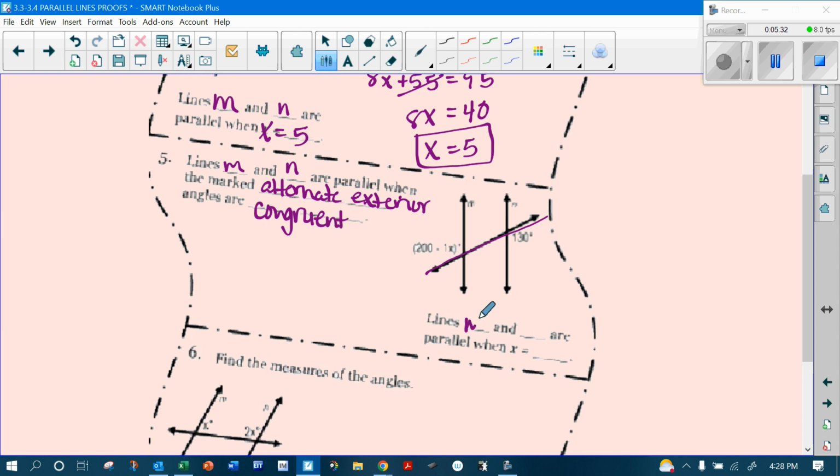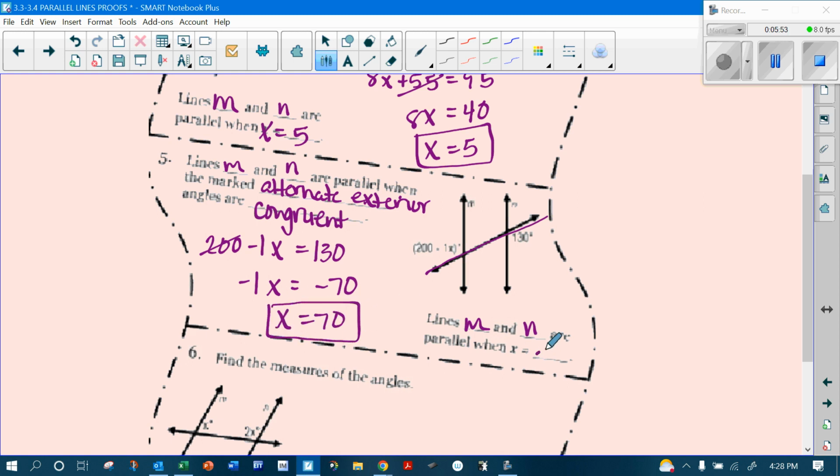So lines M and N are parallel when x is equal to. So we know we've got 200 minus 1x equals 130. So I'm going to subtract 200 from both sides. That gives me negative 1x equals negative 70. So if I divide both sides by negative 1, x is 70. When x is 70 is when it's going to work.